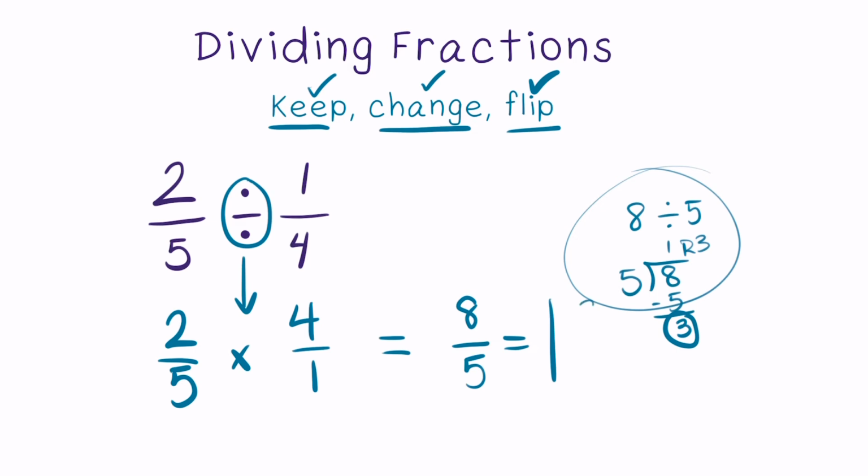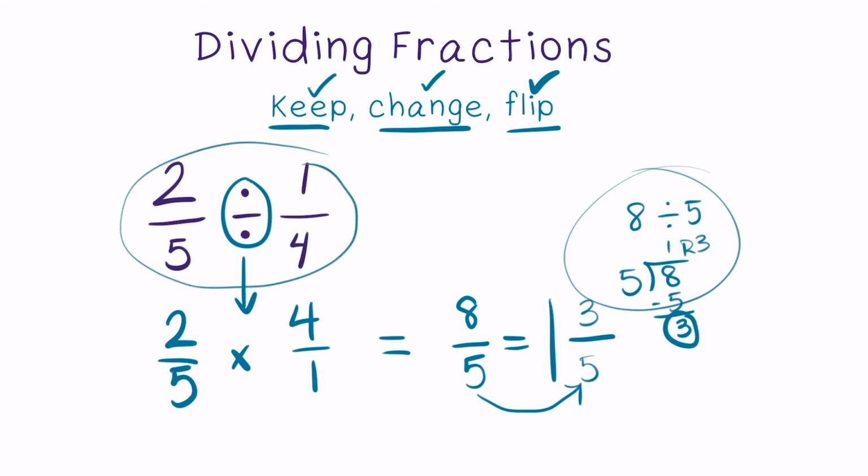And so that remainder of 3 is going to become our new numerator, and we carry the denominator over to our mixed number. And so we have converted 8/5 into the number 1 3/5. And so we can determine that 2/5 divided by 1/4 equals 1 3/5.